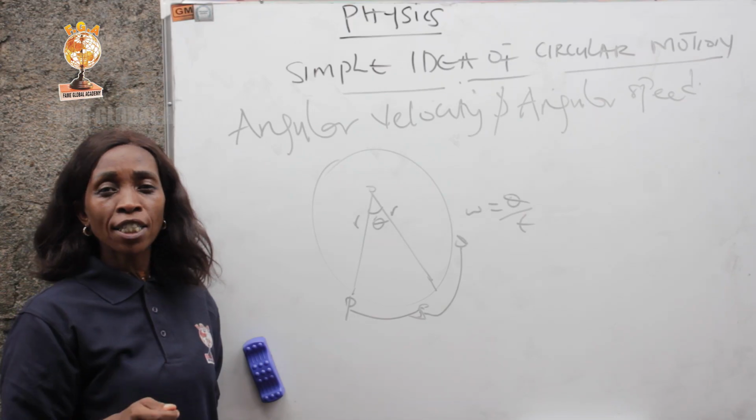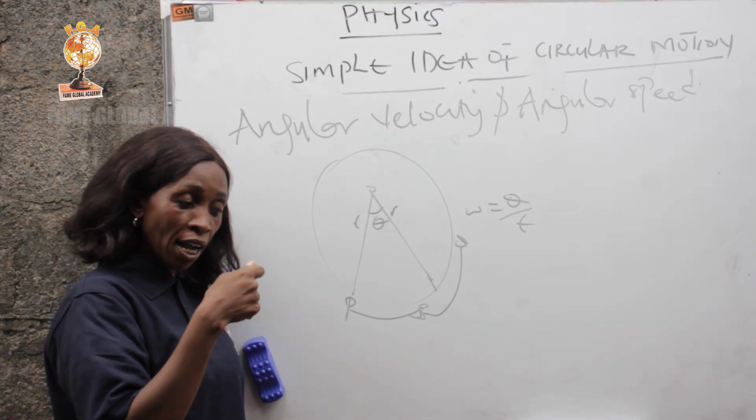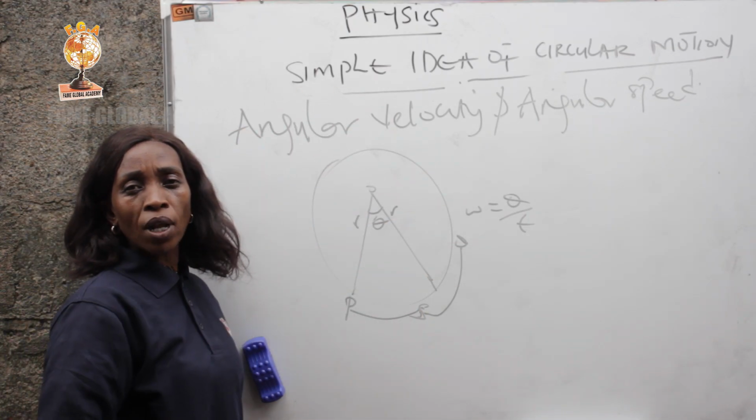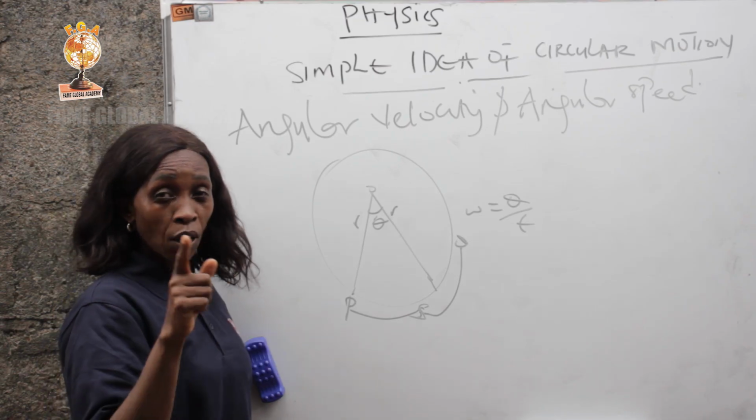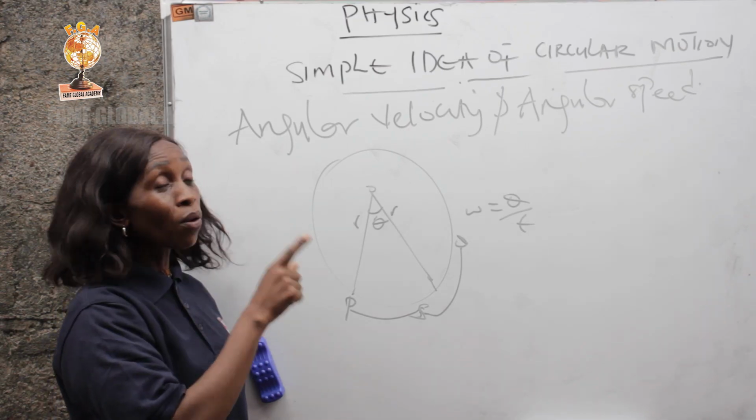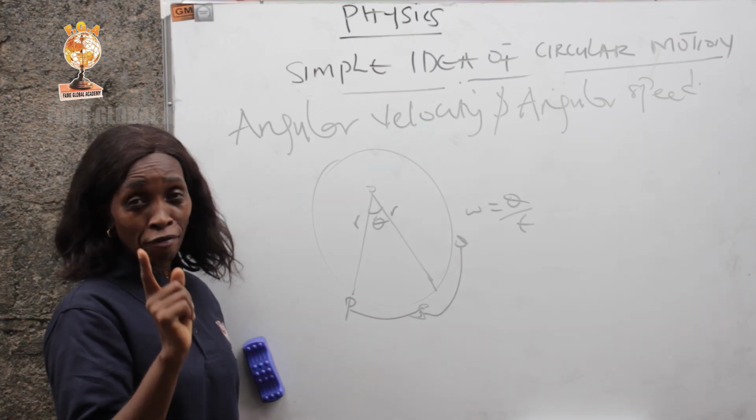Take a stone tied to a string and swung round in a circular path. It's undergoing circular motion and has an angular speed and equally an angular velocity.